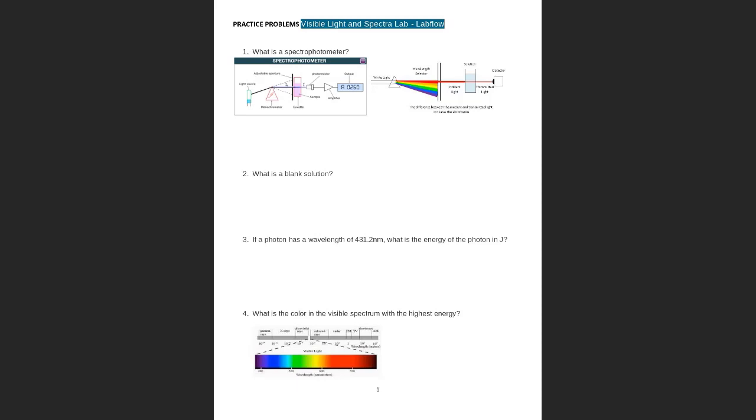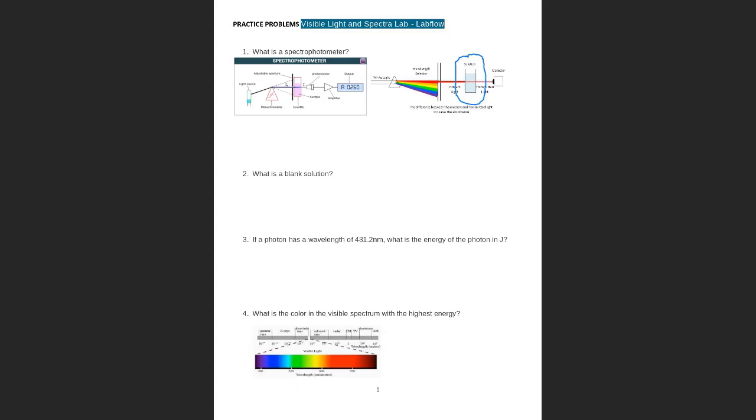This is just a diagram so you can understand. For the solution, we are going to use a cuvette, and we are going to place the cuvette inside the spectrophotometer in order to measure how much light the solution absorbs at a specific wavelength.